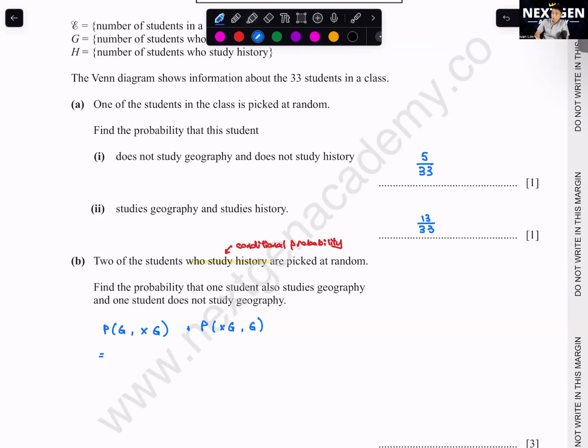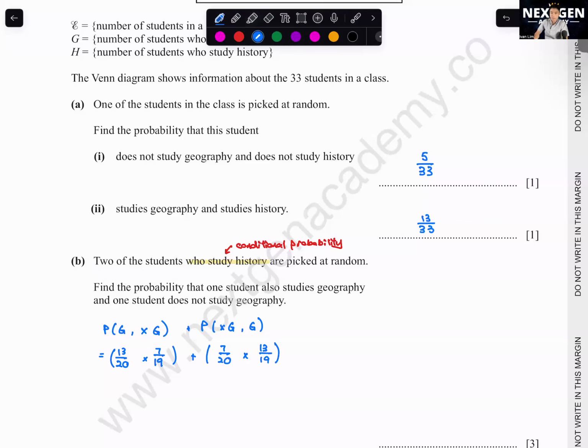So geography, we have 13 out of 20 students. You're not going to use 33 anymore because now the condition, you only look into that part there. That is your new universe. When no geography, we multiply by 7 over 19 because you already picked one student out, so you cannot choose him again. Now, we also need to consider the other way around: 7 over 20 times 13 over 19.